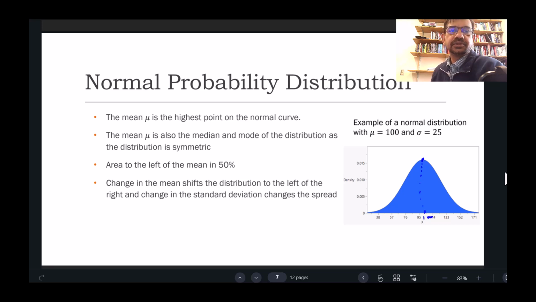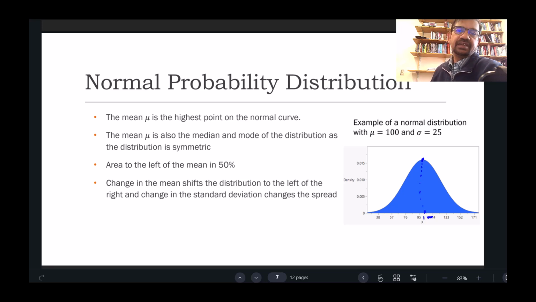It is also the same as the median and the mode because the distribution is symmetric around the mean. Then the area to the left of the mean consists of 50% of the area under the curve. Then the area to the right is also 50% of the area under the curve. So it is a symmetric distribution.